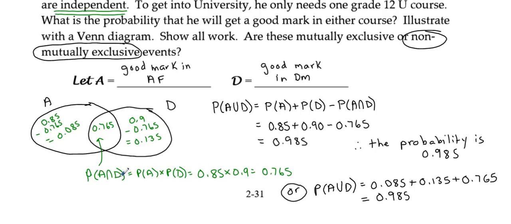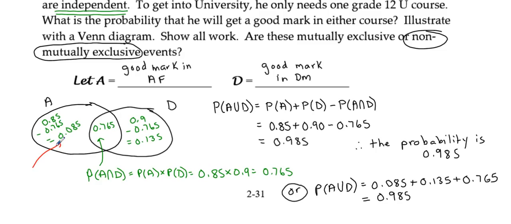So for labeling, this part here we said was the probability of A and D. This part here, which is just A, there's a couple of different ways that you can label this. The first way you can write this is the probability of A but not D. So that's different than the given line.